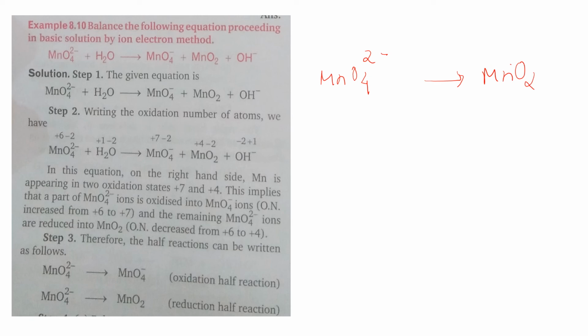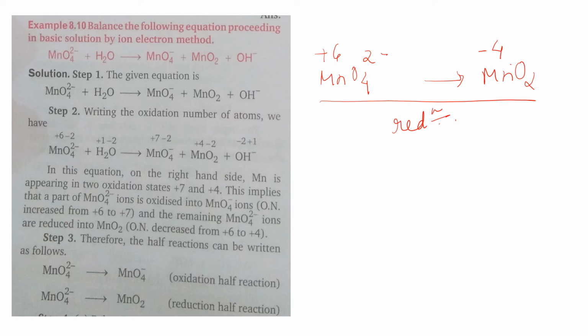Now here Mn is plus 6 and here Mn is plus 4. That means decrease in oxidation number. It is undergoing reduction. Okay, so this is your reduction half reaction.